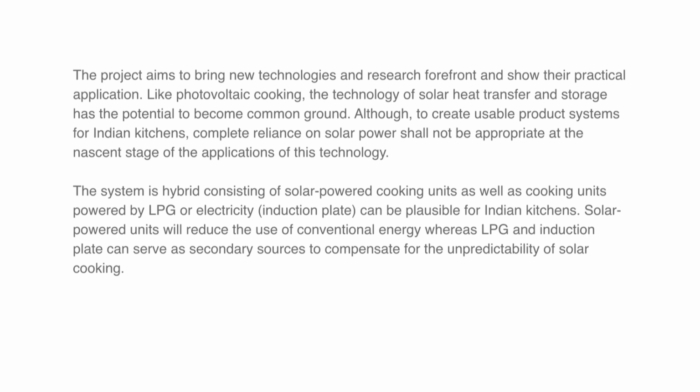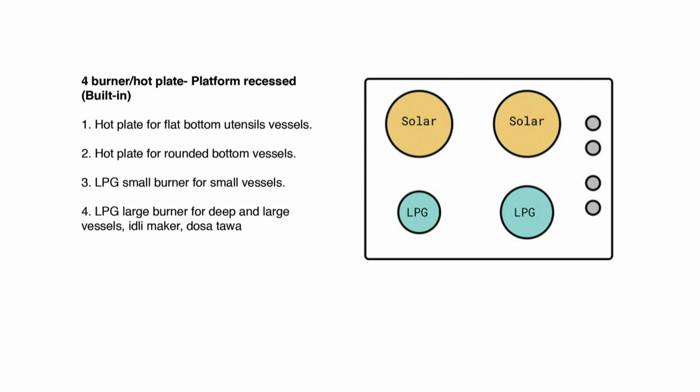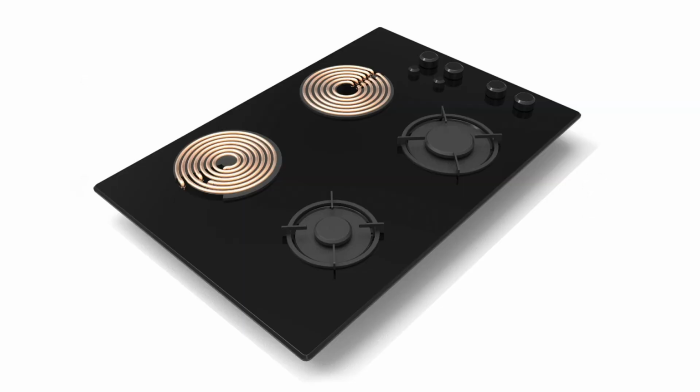You would need an alternative reliable source, which is LPG. So a hybrid kind of system in which the burner and this system can be integrated was also thought of. How it can work: you can give it at the back and give it LPG in the front. So many configurations can be made.